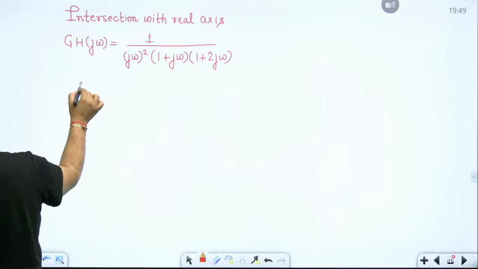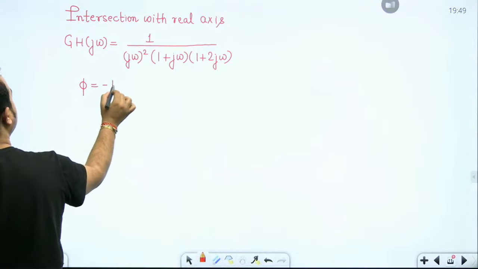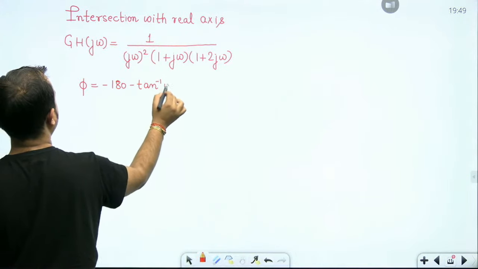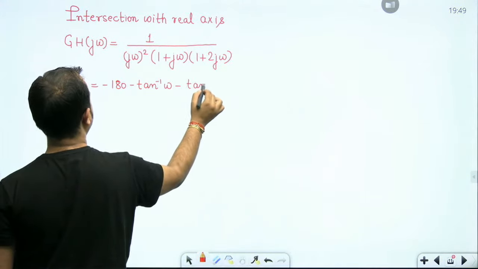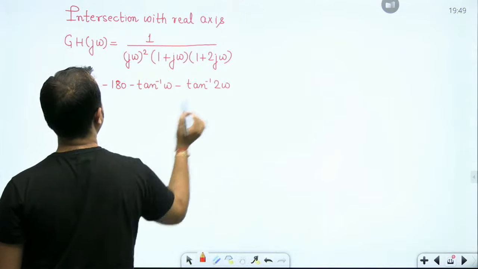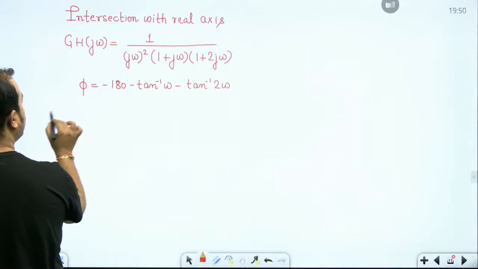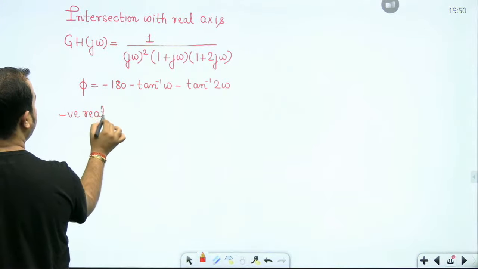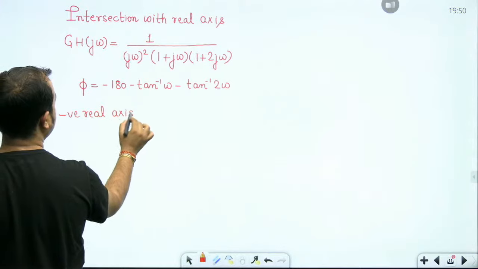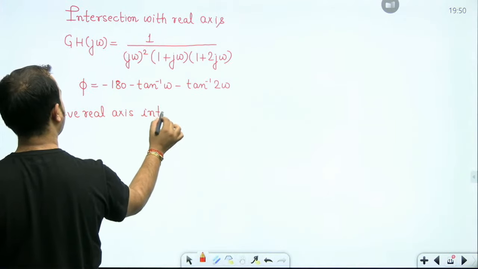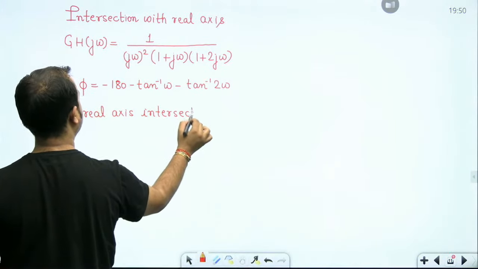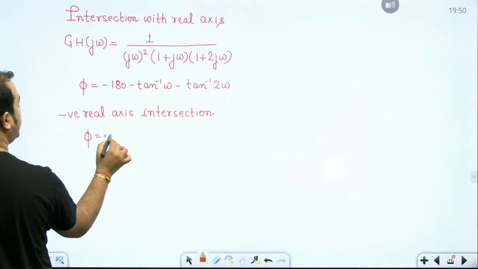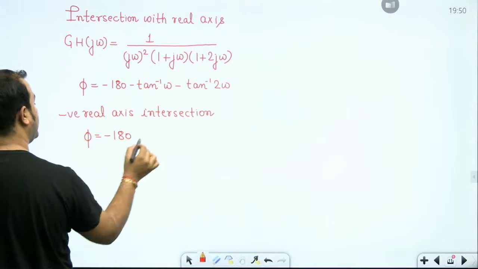So here we figure out the value of phi. Now, when you want the negative real axis intersection, for that, my dear, you will keep phi equal to minus 180.